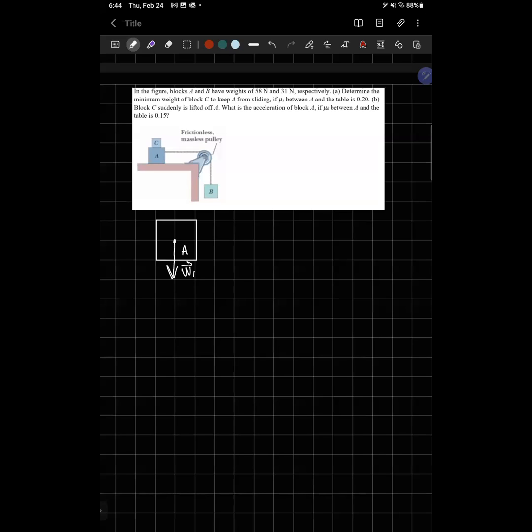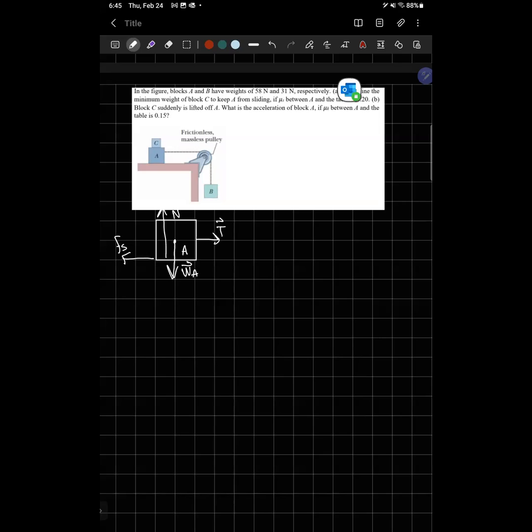Okay, so you said weight. So I'm going to put A. You said normal force. Did you say tension? Riley said tension. Then you said friction. What type of friction is it? It's static, right? Static friction.